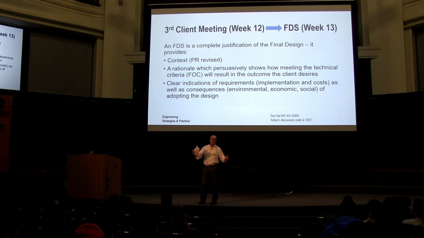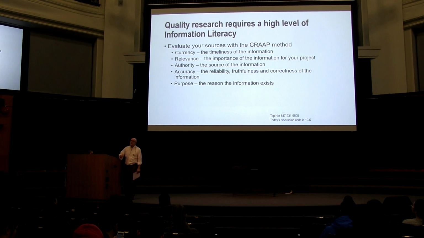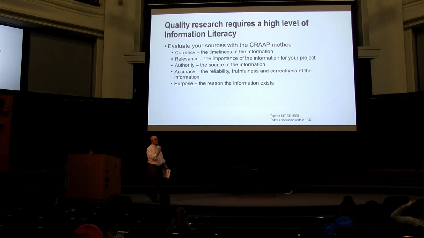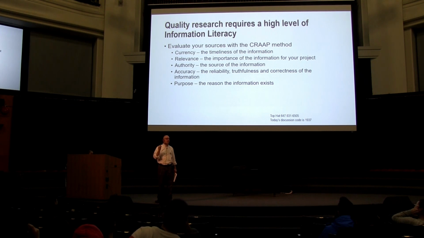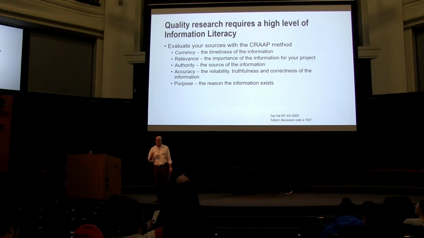The final design specification incorporates a lot of research, because what you're doing in this document is you're telling the client as much good detail as possible about the implementation of the design that you and the client have agreed upon.